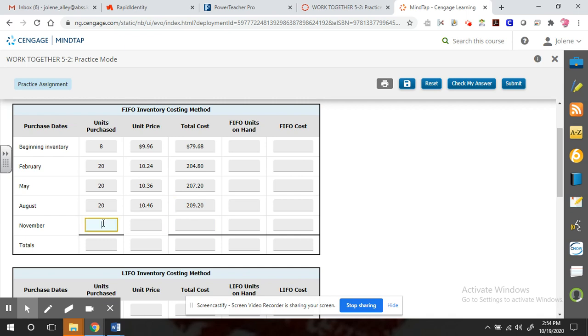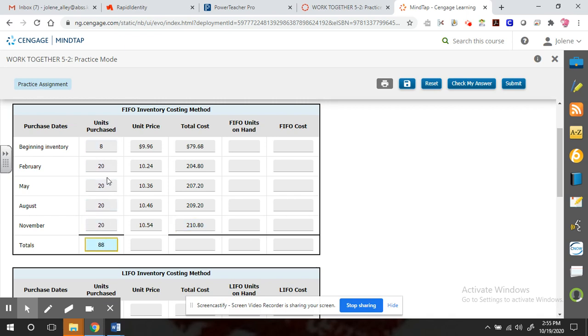And then in November, they ordered another 20, and this time the price went up a little bit more again, to $10.54. When we multiply that out, we get $210.80. Now we have our units purchased, and we add those up, and we have 88 of those.